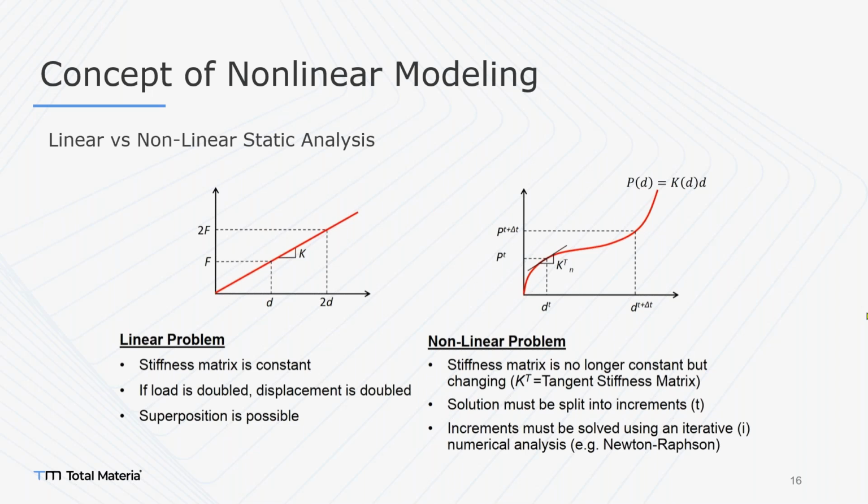We will use Newton-Raphson for these problems, so that the tangent stiffness matrix can be found for the plastic region of the material, which is not constant, as you know, after the elastic region.